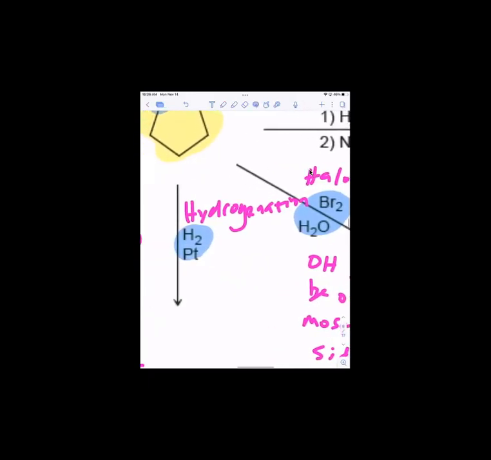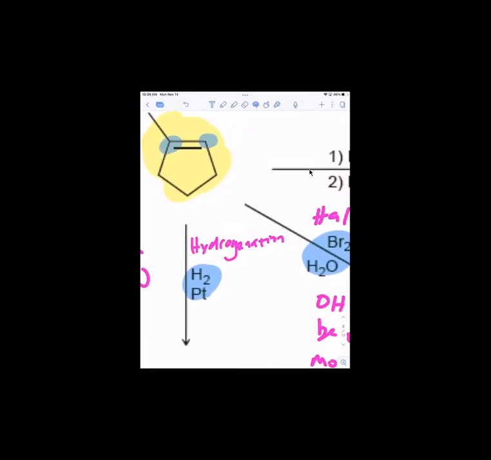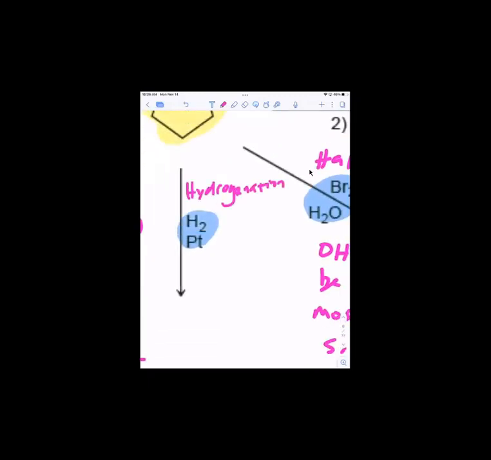All I'm doing here, so I can shrink that down, is adding a hydrogen to each side of that alkene. This is a way to make alkanes from alkenes, or to convert alkenes into alkanes.